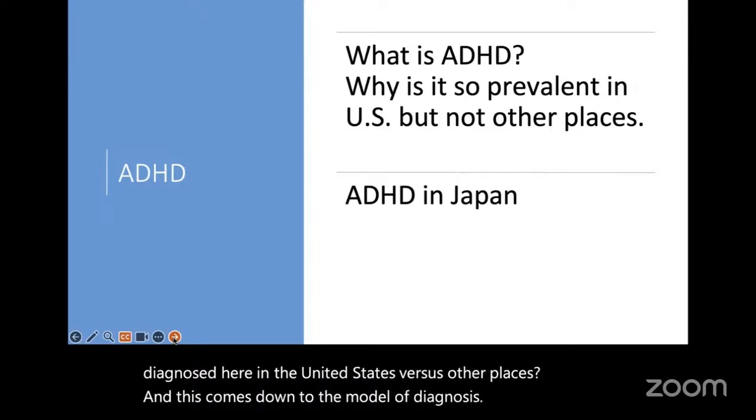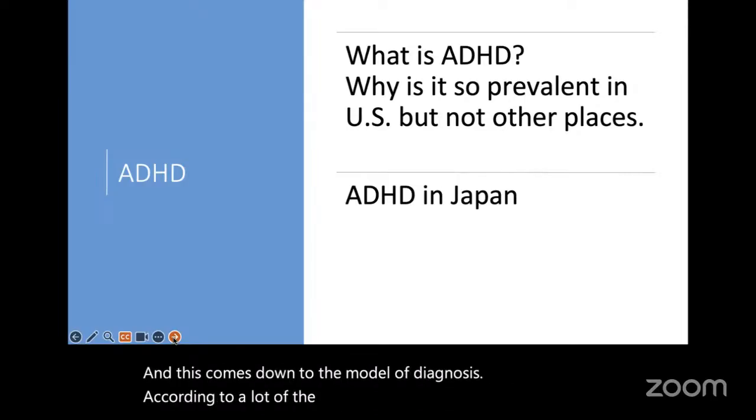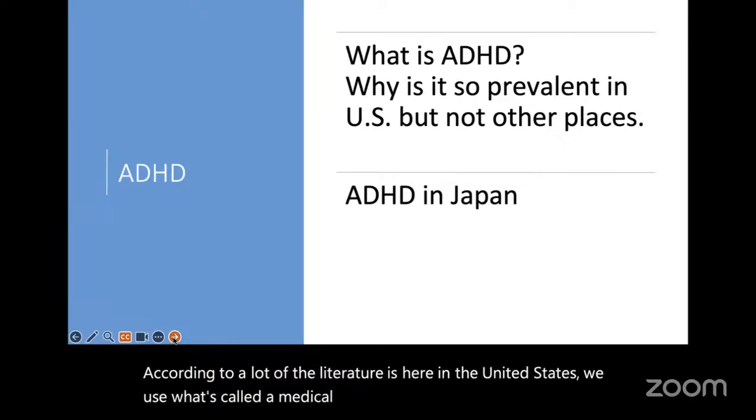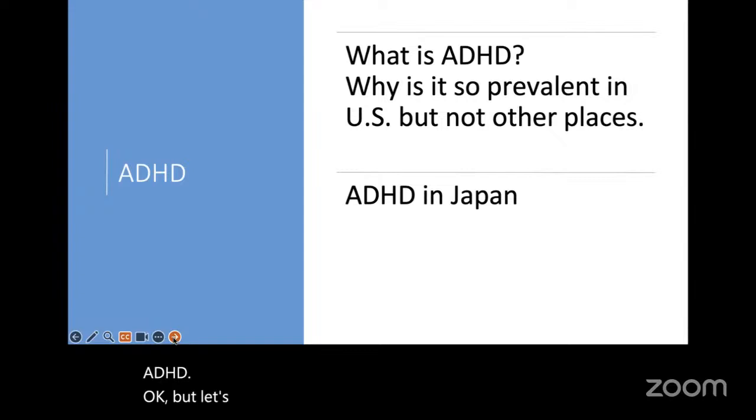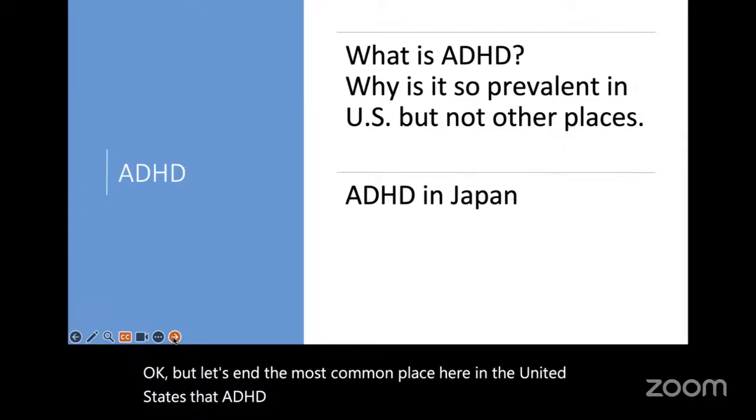According to a lot of the literature, here in the United States we use what's called a medical system of diagnosis, meaning that a person who has a set of symptomology is instantly diagnosed with ADHD. Okay, and the most common place in the United States that ADHD is diagnosed is in the school.